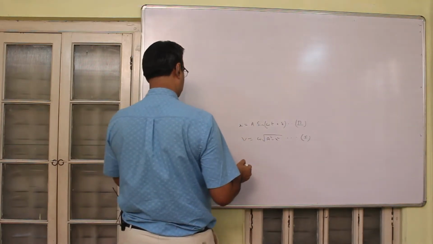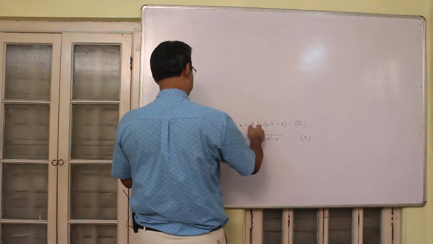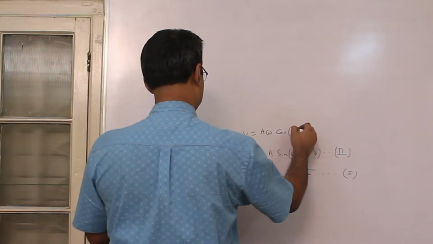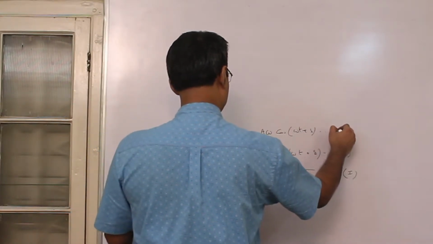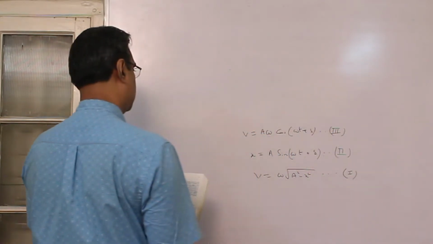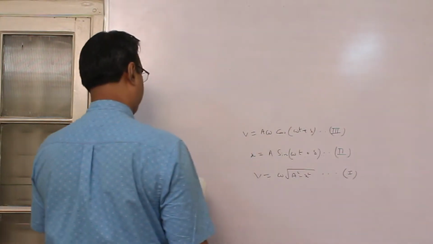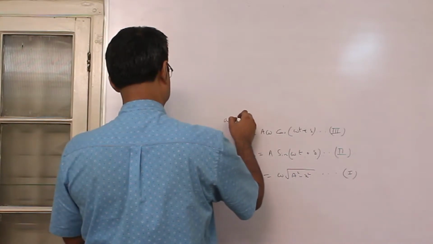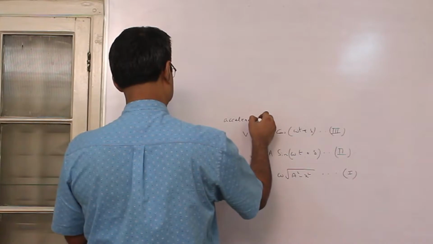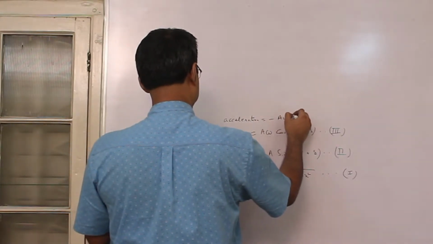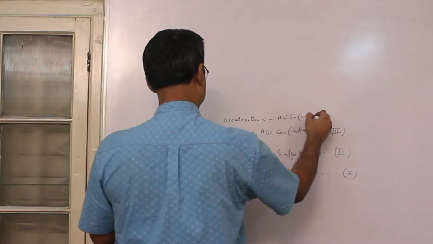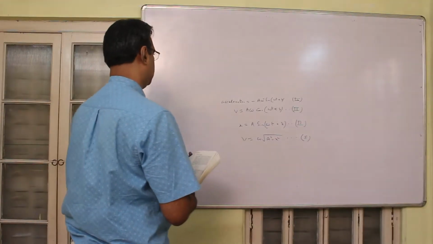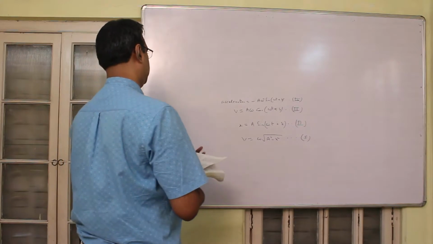Now, if you differentiate both sides, then v is a omega cos omega t plus delta, and acceleration is minus a omega square sin omega t plus delta.